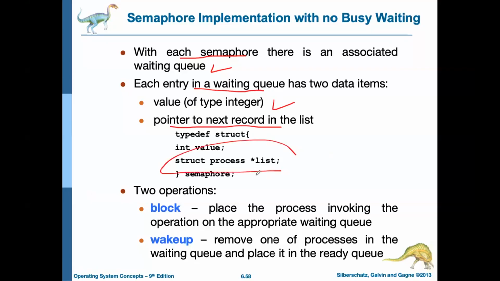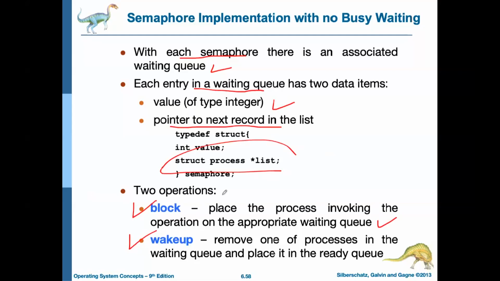There are two operations. First, block: place the process invoking the operation on the appropriate waiting queue. After that, we have to wake up. That's very important. That's why, when we use a lot of libraries, you can see there is open and close, open and close. When you block, you have to wake up.